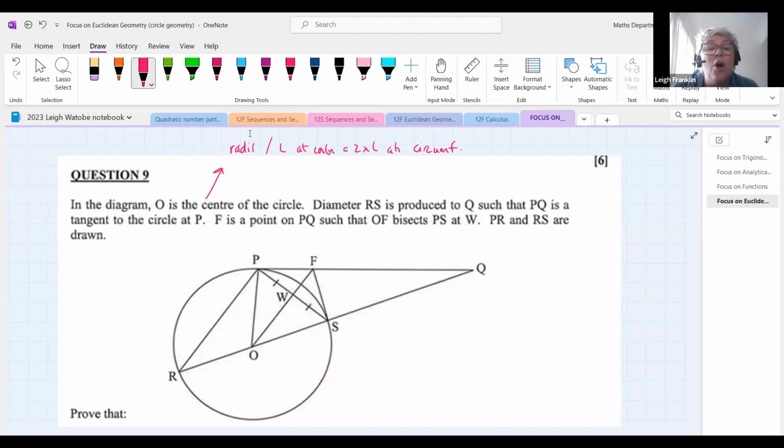Okay, diameter RS is produced to Q such that PQ is a tangent to the circle at P. All right, so loads of information in that second sentence. First of all, they've told us that RS is a diameter. When they tell us a line is a diameter, what does that mean immediately for us, grade 11s and grade 12s? What is the word diameter straight away? What do we think?